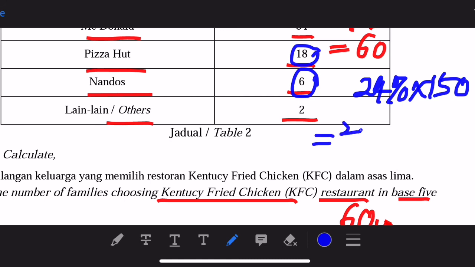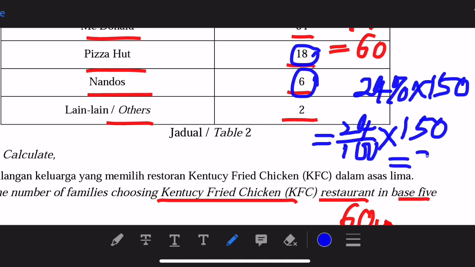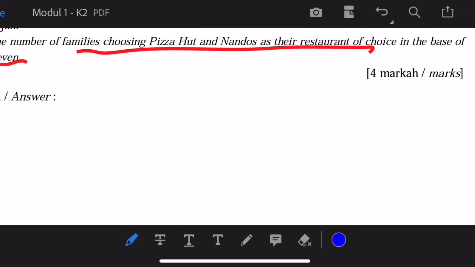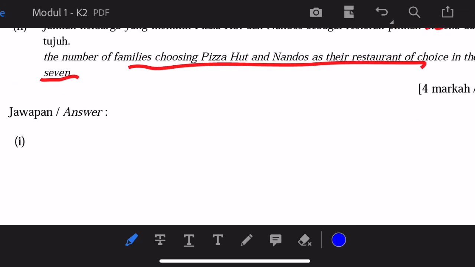So we get 24 over 100 times 150. If you press your calculator, you get 36. Alright, so this is base 10. So let's convert to base 5 for number 1.